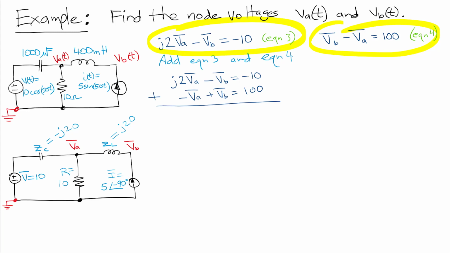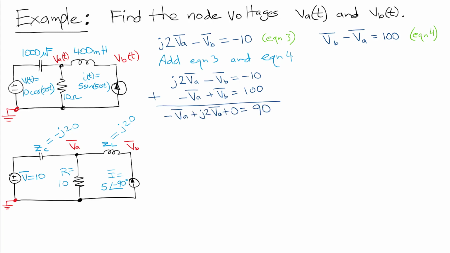And what we're going to do is we're going to add them up, okay? And then you can see that when we add it up, we're going to get rid of VB. So VB is gone, and now we're stuck with an expression with VA. So now we can go ahead and solve this, okay? So we can just do some manipulations to solve for VA.